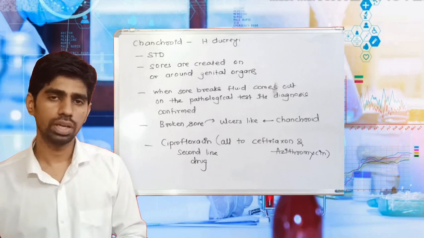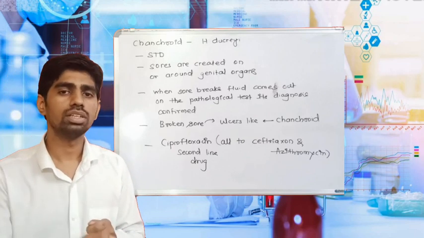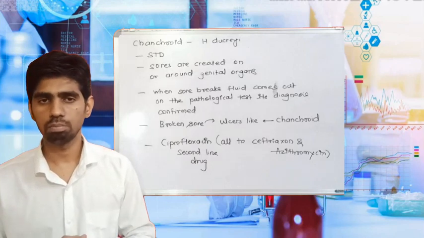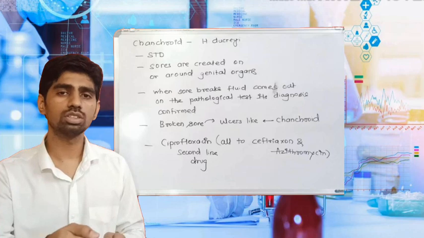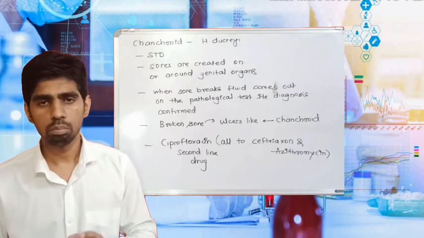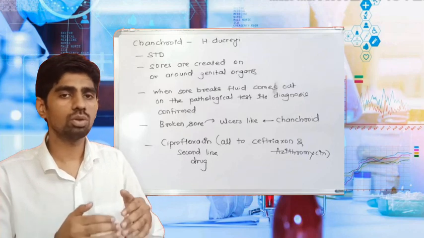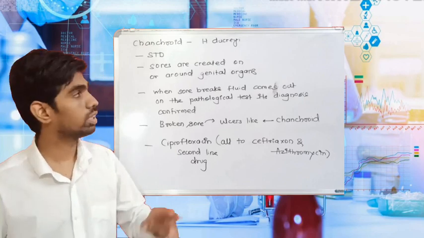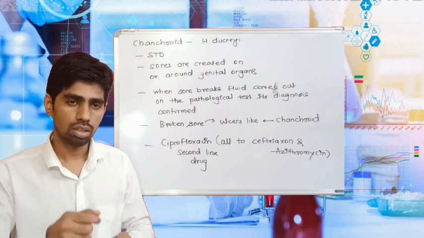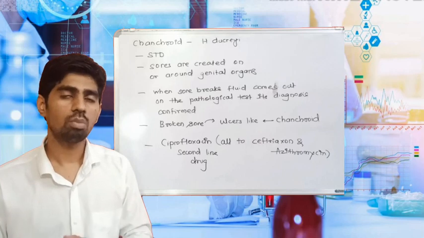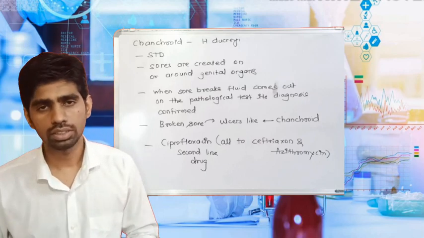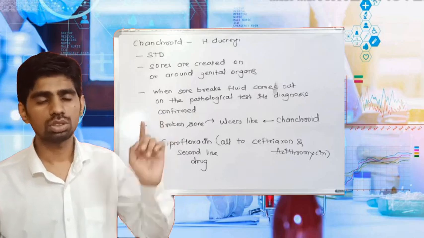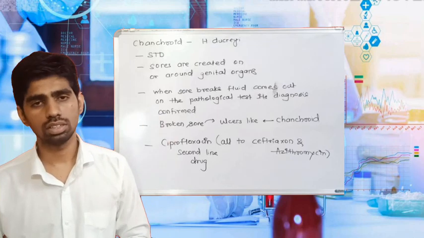When the sore breaks, fluid discharges from that bump, and that discharge forms the basis of diagnosis of chancroid. On the basis of the appearance of the sore alone, we cannot decide whether it is chancroid or not. For proper diagnosis, the discharge needs to be collected and microbiologically tested, and only then is the diagnosis of chancroid confirmed.